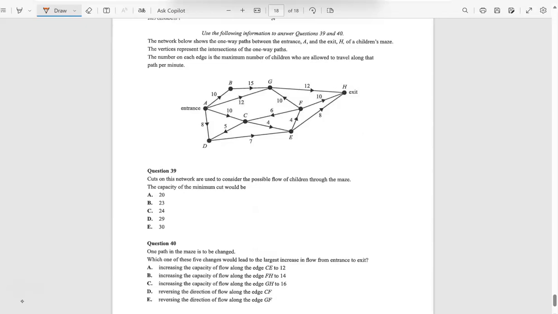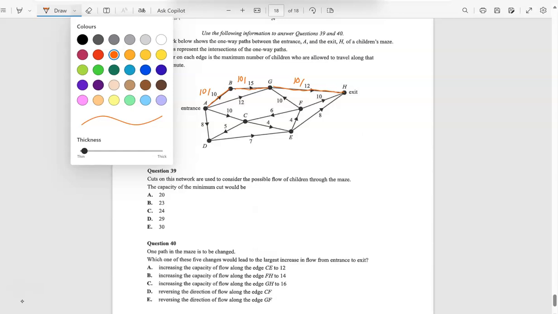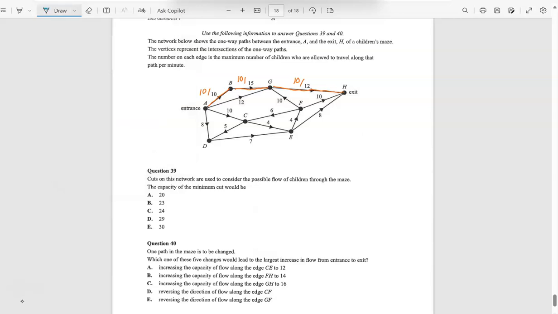So remember, we're going to think about pushing 10 through here. So we start and it can go along there and then out to the exit. So really I've taken 10, and 10 has been used throughout those pipes. Then if we go along the next one, 12 can push out through here.